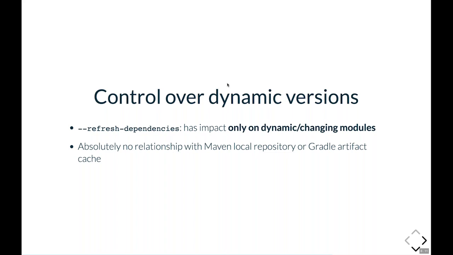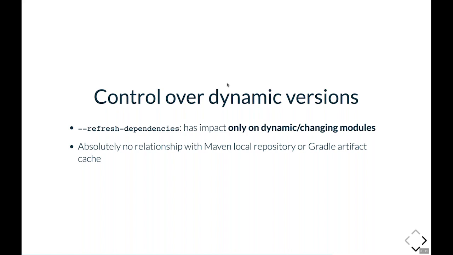And this is actually something that we get often. --refresh-dependencies does not mean please download the dependencies again. It means on the dynamic versions and dynamic modules or changing modules, please refresh the data because new versions came out. And try to resolve the latest again. So it has absolutely nothing to do with the Maven Local cache or something like that.